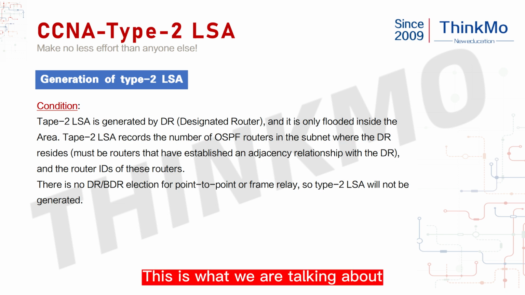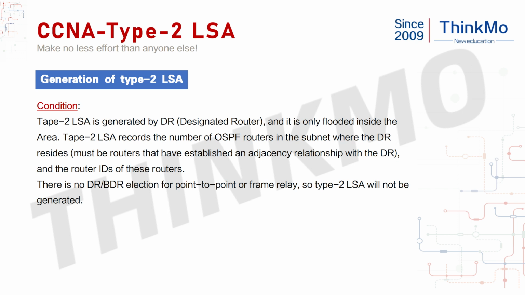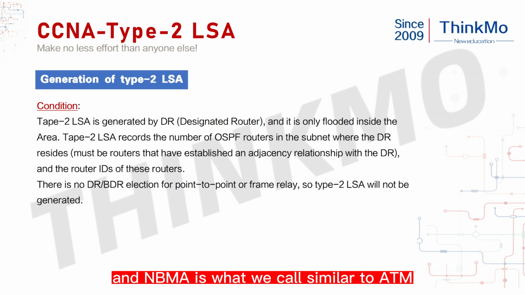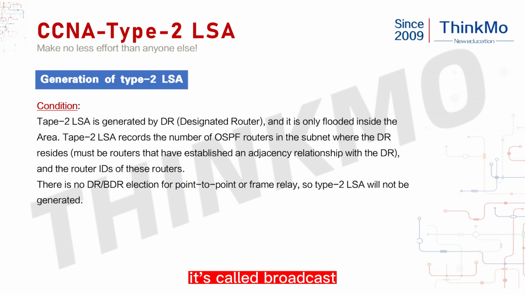This is what we are talking about when Type 2 LSAs are generated. MA is the broadcast network. NBMA is what we call similar to an ATM network environment. MA is still mainstream, called broadcast.